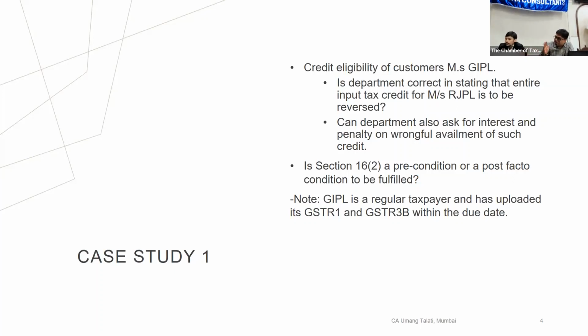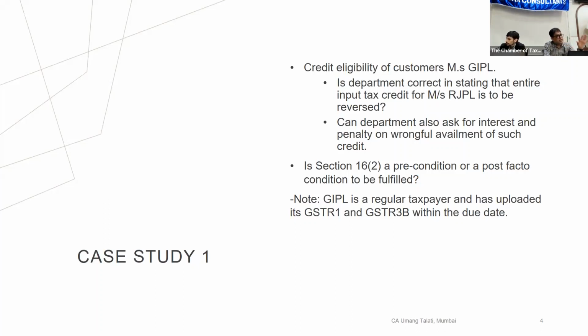But as regards disallowing the ITC, what will happen? Suppose in this case he has issued the invoice after 6 months. Suppose he has not issued, then what would be the situation? Then the same situation would be there, that his ITC would be disallowed. Now here I would like to say something, there are 16(1) and 16(2) regarding the post-facto effect or a pre-thing.